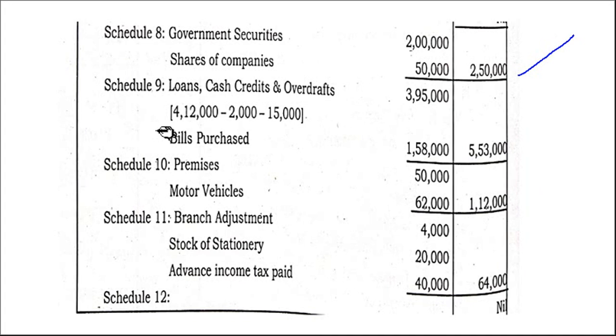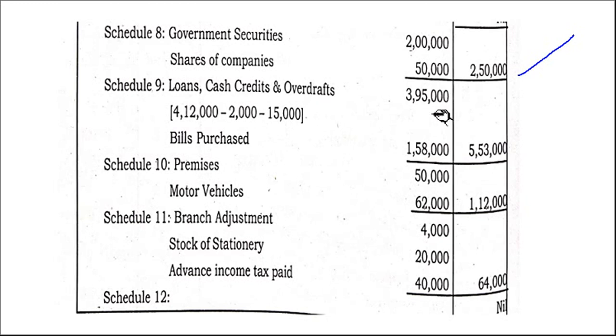Loans, cash credits and overdrafts. 4,12,000 minus 2,000, that is interest expense account, minus 15,000. What is that 15,000? You know, in the problem it is given. It's related to bad debts, right? Provision for bad debts, 15,000. It is given in the adjustment, right? So we are deducting it.